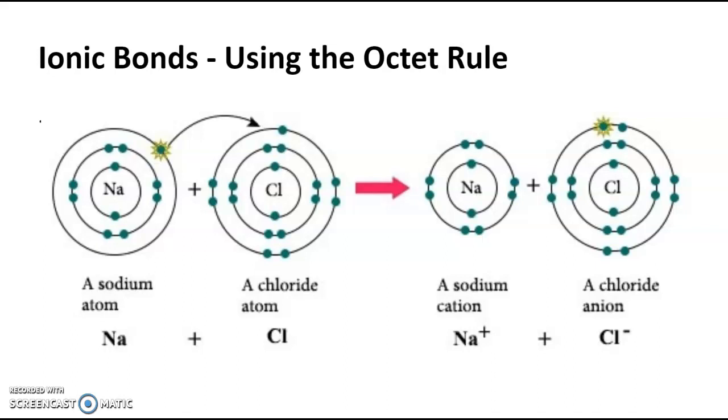As a consequence, sodium has a 1+ charge because it lost a negative thing, and chlorine has a -1 charge because it gained a negative thing. After this happens, the positive sodium and the negative chlorine are attracted to each other like little tiny magnets, and this allows them to form an ionic bond.